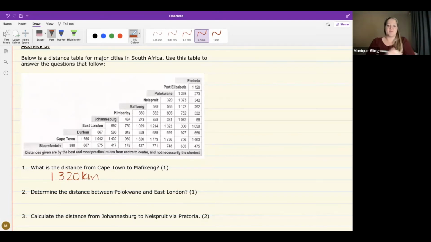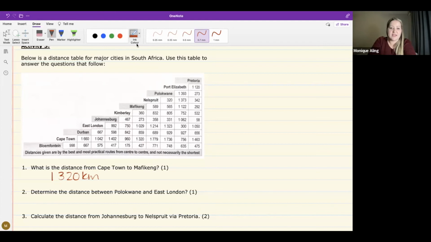Determine the distance between Polokwane and East London. Nice, Leah. I see you did give it to me earlier. Bonolo, yes. Segufatso, great.